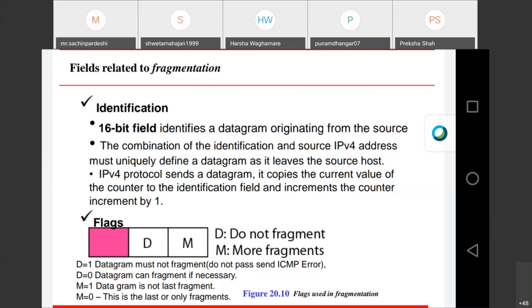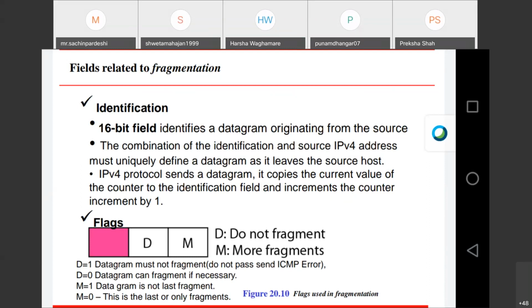Whenever such a datagram is received by the router and the router cannot forward it without fragmentation, and if D is equal to 1, the router discards the datagram and sends an ICMP error message to the source because fragmentation is not possible. And if D is equal to 0, it means the datagram can be fragmented if necessary. Yes, you can divide the datagram into parts. M means more fragments.